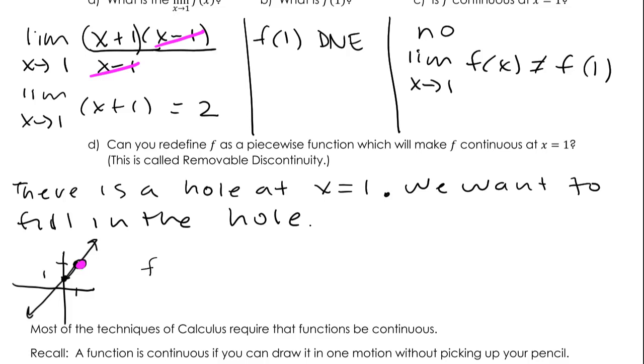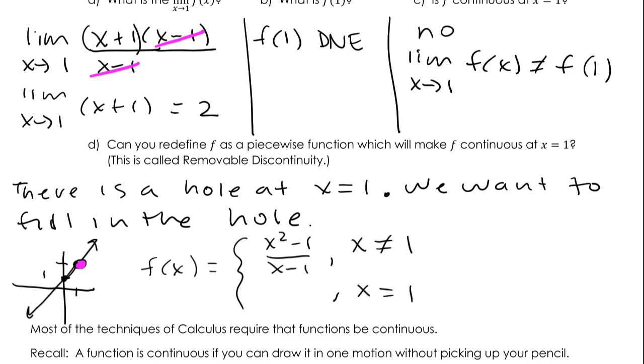So they asked us to write a piecewise. So you would say f of x, we have x squared minus 1 over x minus 1. Now this function existed for everything except 1, because that would give us a 0 in the bottom. So what do we want to happen at 1? Try to think about this. At 1, you just want to fill the hole in. That would be 2.